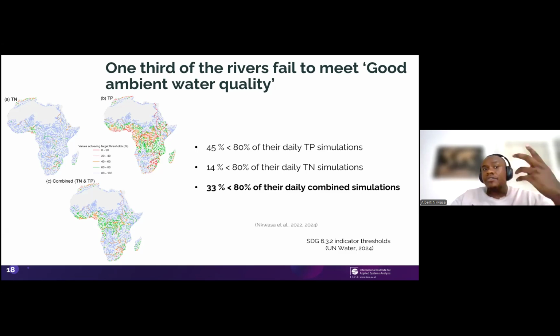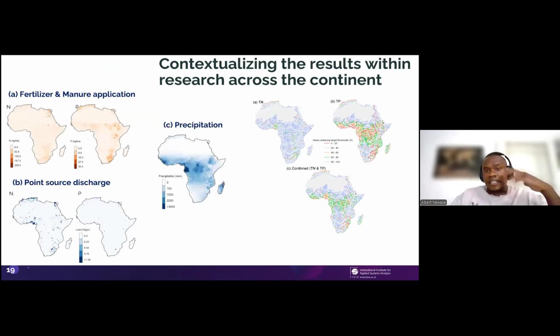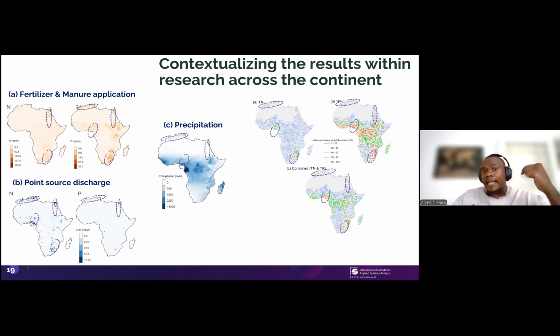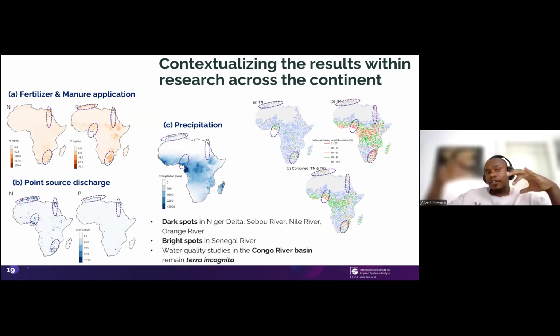And we went deeper to determine what could be causing this. And we could see that areas where we did not achieve a lot of compliance coincided a lot with heavy fertilizer and manure application, a lot of wastewater discharge, but also areas with low dilution capacity in terms of precipitation.